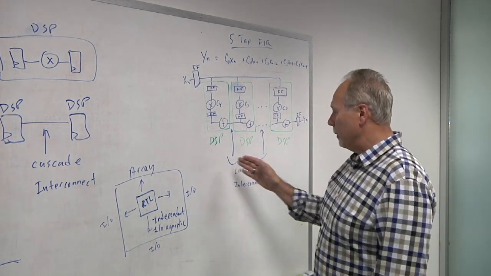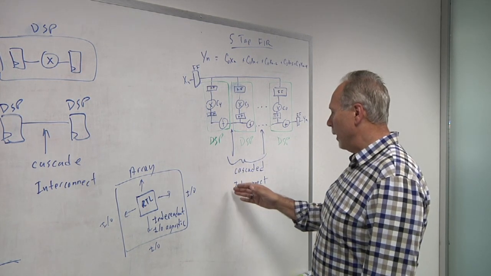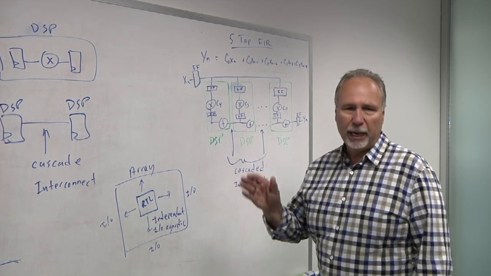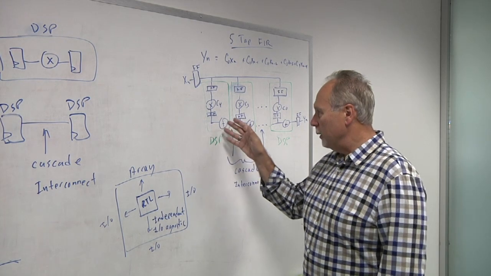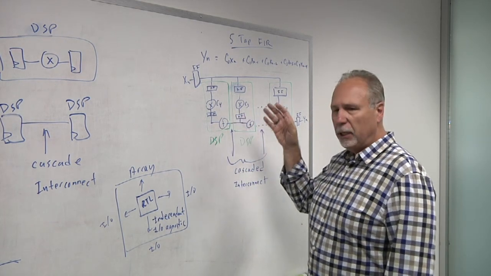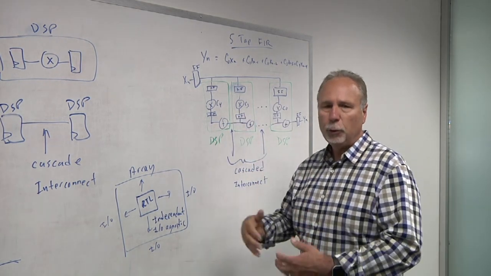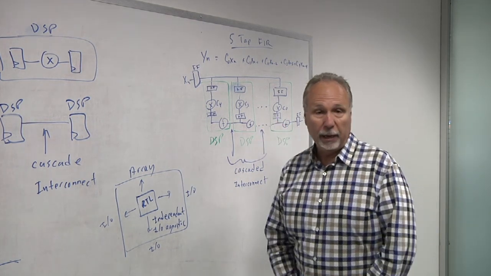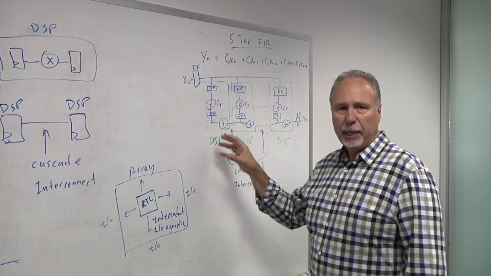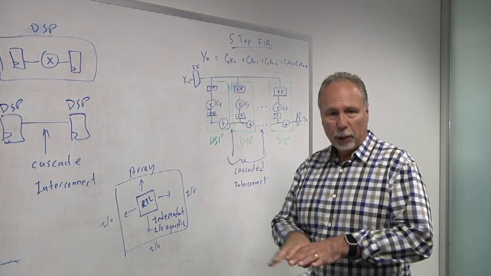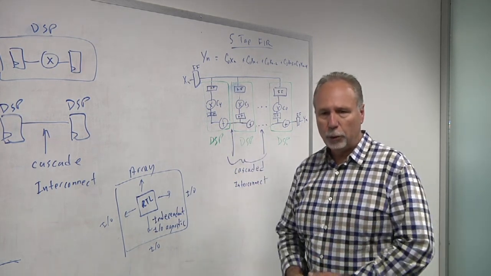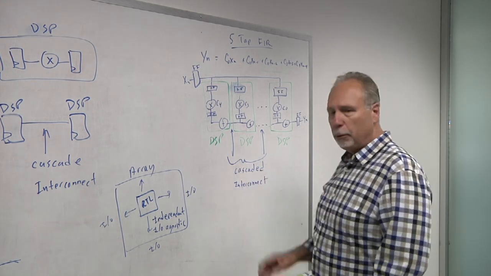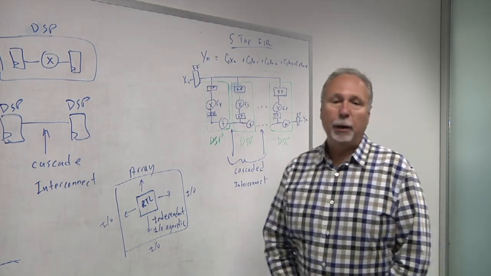In some FPGAs, it requires interconnect fabric. In other words, the outputs of one DSP have to go through the mesh or interconnect fabric to get to the other DSP. Or in some embedded FPGAs, they could be cascaded, meaning that the DSPs are very close together.